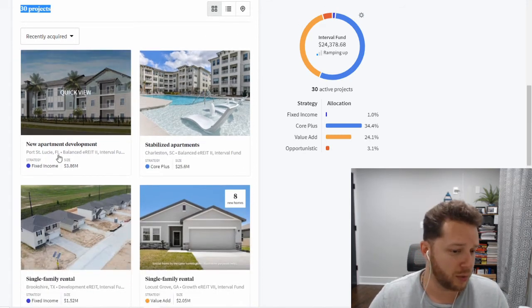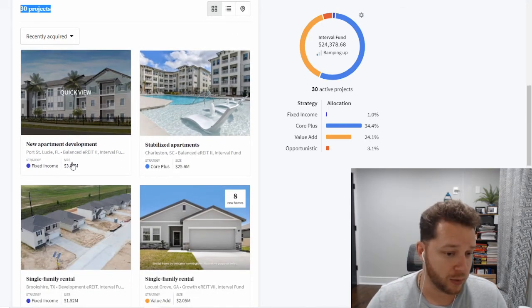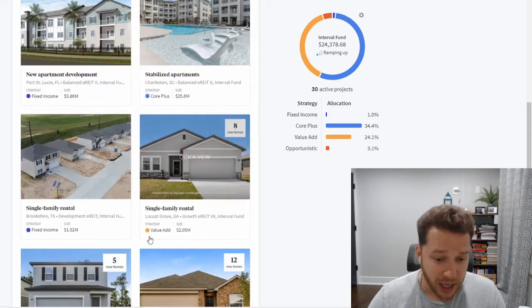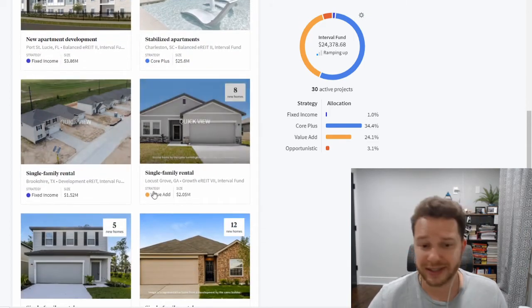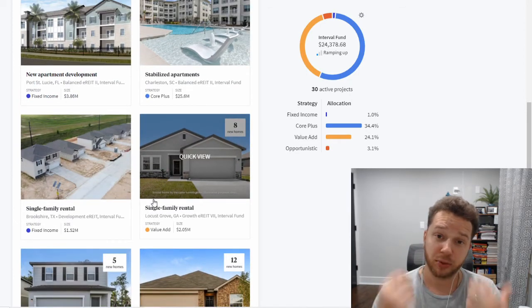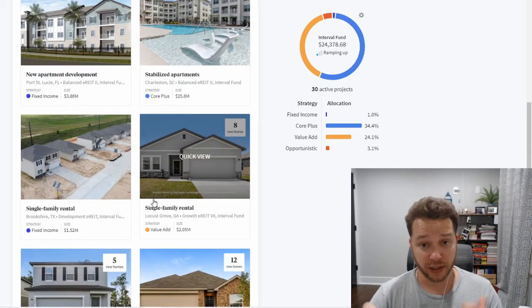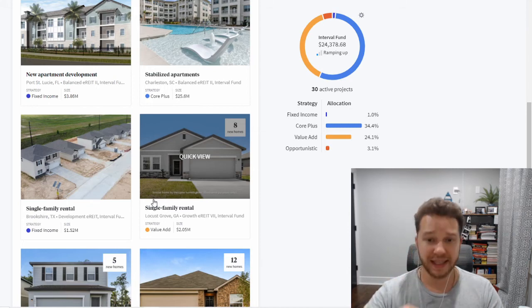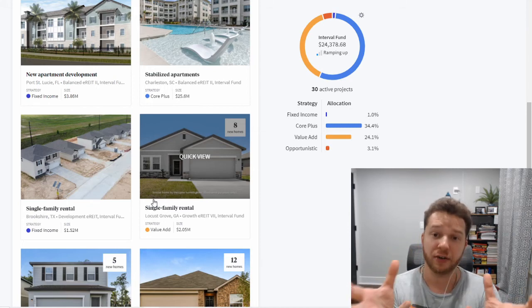Okay, and if you scroll down, we can see that we have a couple of apartments here in Florida and South Carolina and Georgia and Texas. What happens is one of these projects gets completed and Fundrise sells it, and the share price of the entire fund will go up.